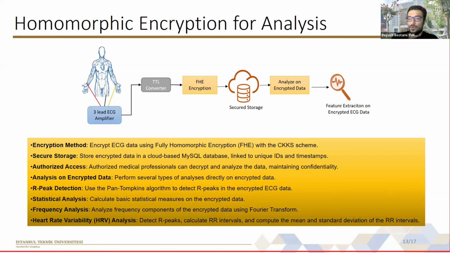Advanced analysis on the encrypted data includes R peak detection, statistical metrics, frequency analysis, and heart rate variability. We performed this statistical analysis securely using algorithms like Pan-Tompkins, and during this process, we kept the sensitive data encrypted.